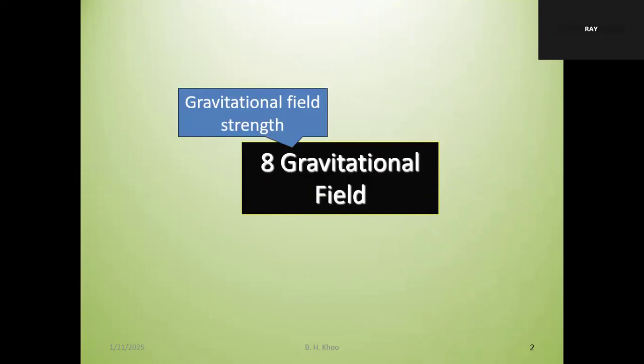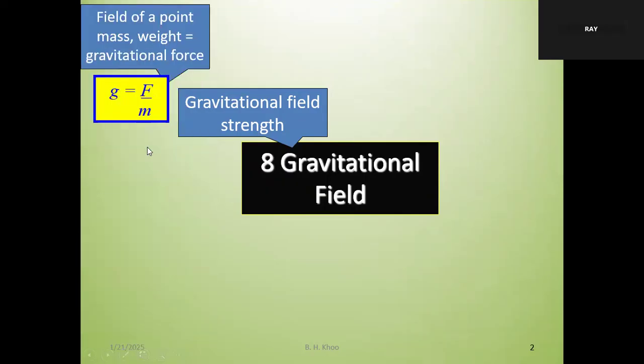We will define, just give you a bird's eye view before we go into the topic. Gravitational field strength, that's our definition: F over m, where F is actually the weight or the gravitational force, and m is the mass you place in the field.